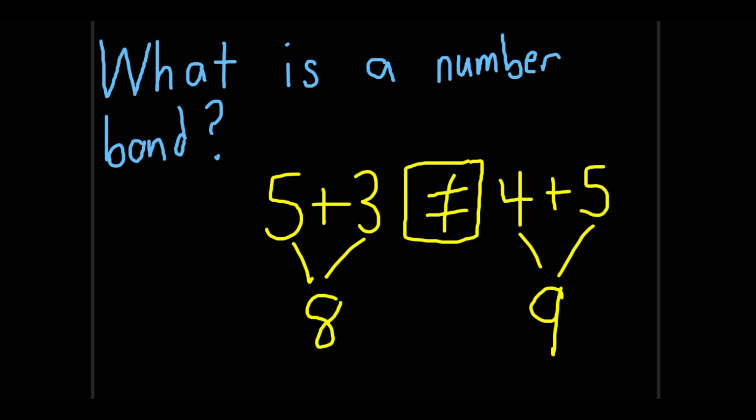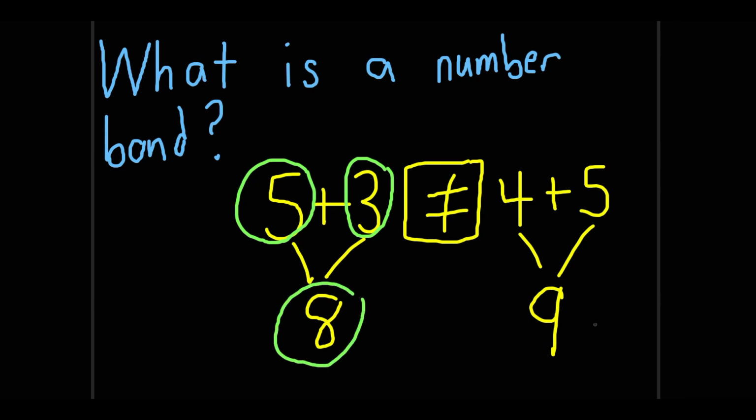And if I want, I could go so far as to even set it up even more looking like a number bond. And again, sometimes we use rectangles, sometimes we use ovals or circles to encircle the numbers. And now, obviously, we see those 2 number bonds are not equivalent.